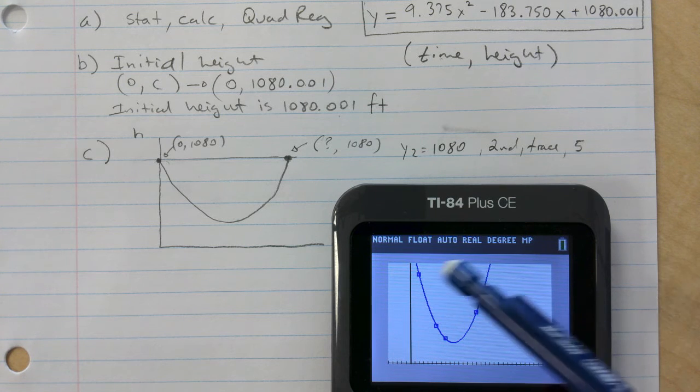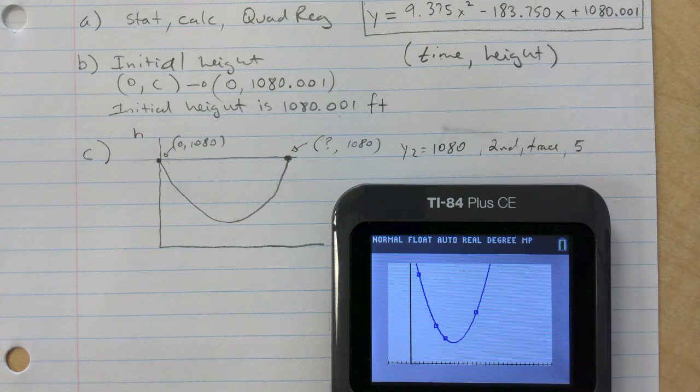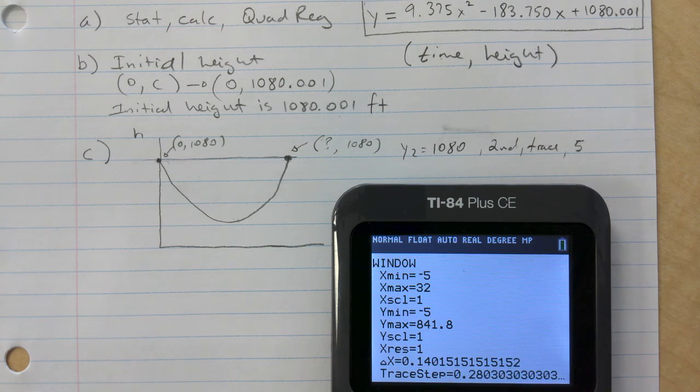Probably because I need to increase my y max. So I'm going to go window. If you want to be able to see 1080, this should be at least 1200, I would say, minimum. So y max is changed to 1200.